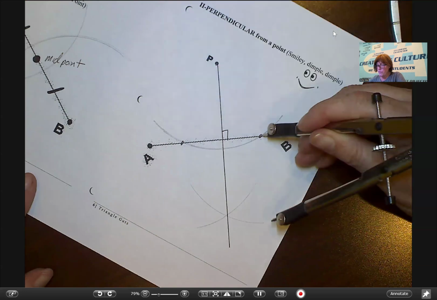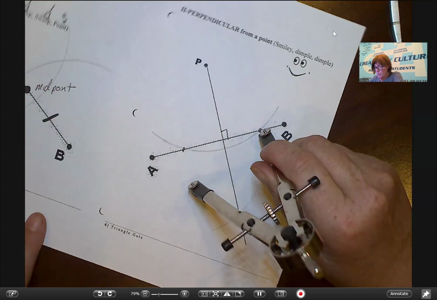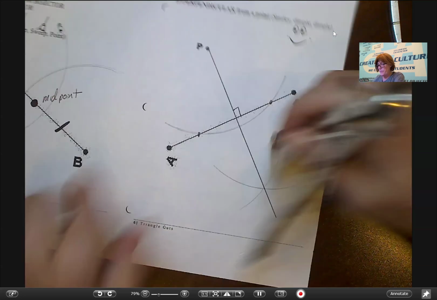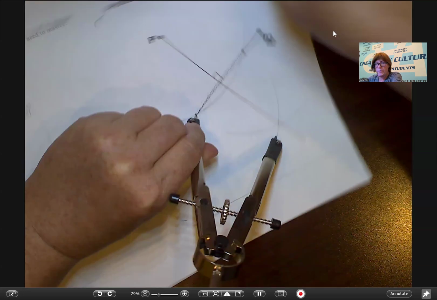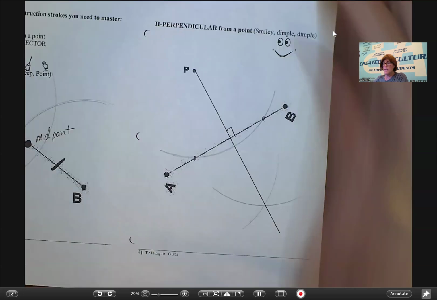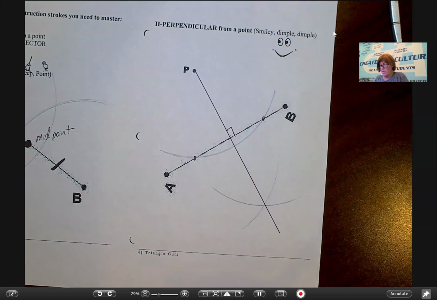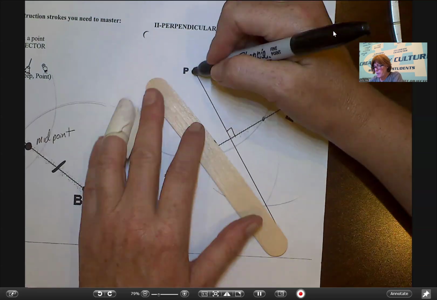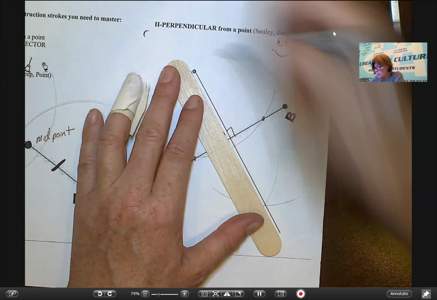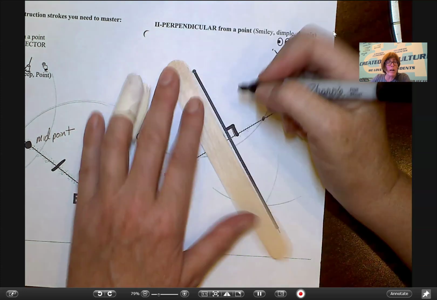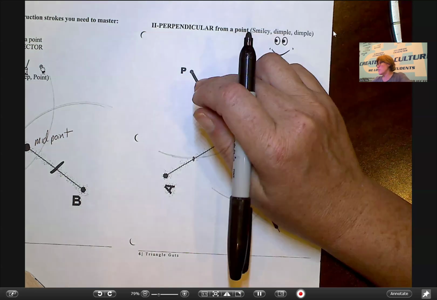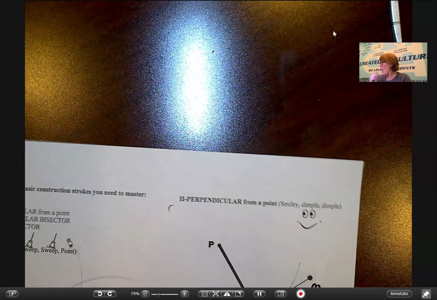Then you come to one point of intersection, twirl the paper, dimple. Other point of intersection, dimple. Smiley, dimple, dimple. Line it up to that point of intersection out here. Once again, you have a perfect right angle coming from an exterior point.